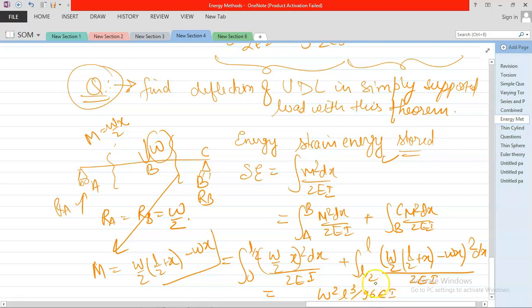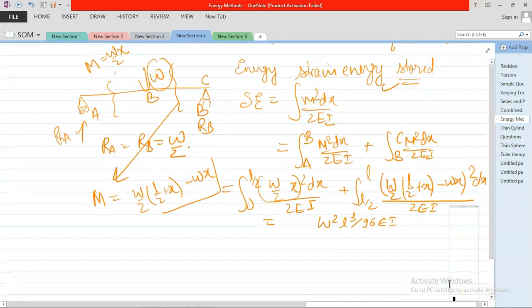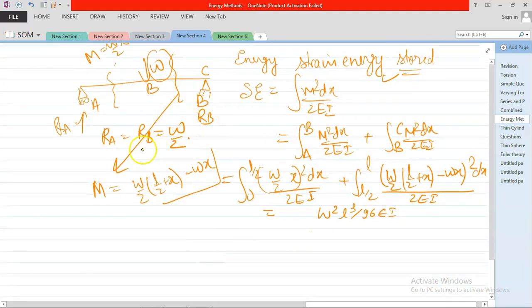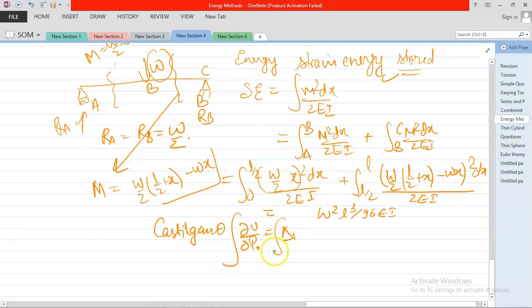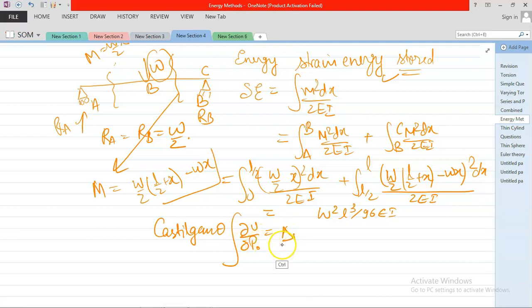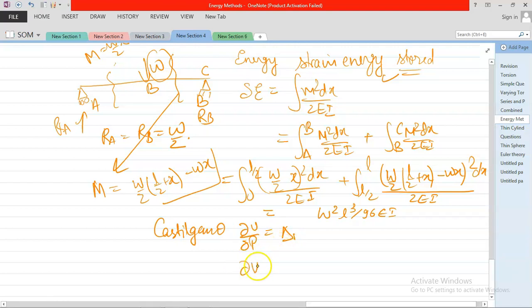But you can also solve by another method, before that we apply the theorem called Castigliano's. Now if you integrate it, we can write del U is equal to del P into delta.